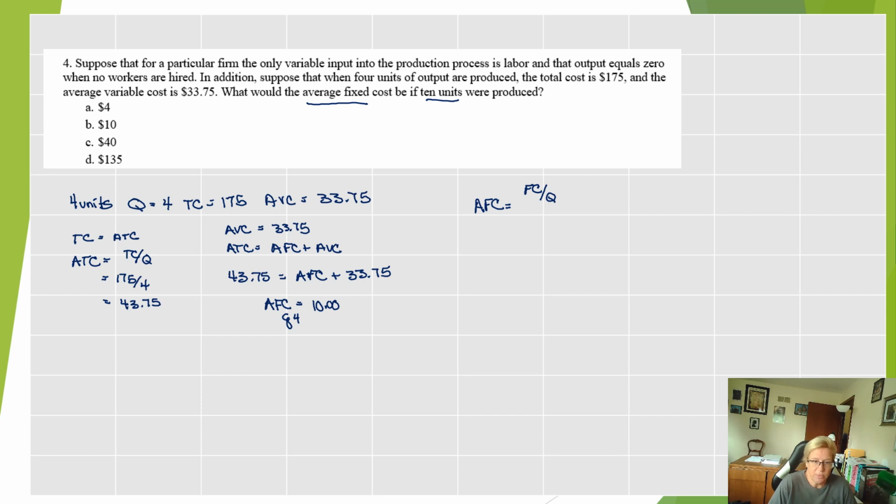And when we plug in what we know, average fixed cost is $10, fixed cost is what we're solving for, and our quantity is 4 units. If we cross multiply here, we get the fixed cost at 4 units equals $40.